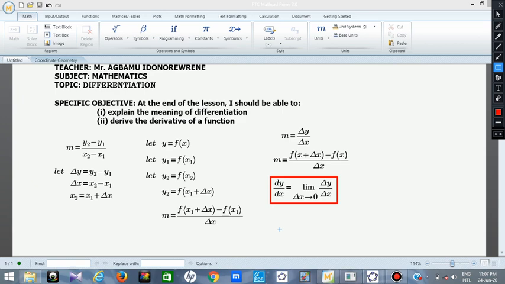When you get to this value for your gradient, get the limit when delta x approaches 0. Then whatever answer you have will be your differentiation, which is pronounced as dy dx. So this is the introduction to differentiation using the derivative of a function. In our next class, I will do an example on differentiation from first principle using this approach we just explained.